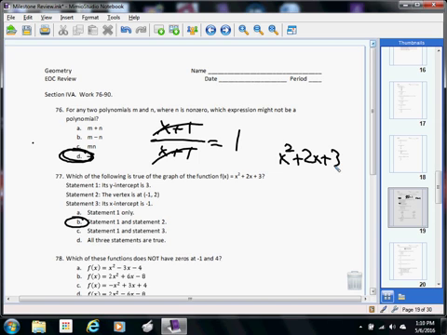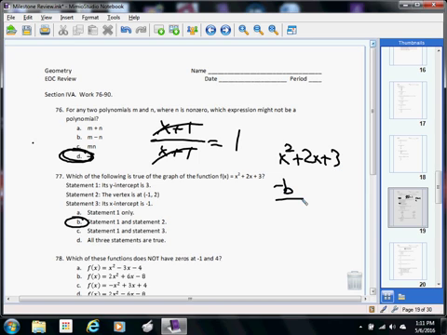It says the vertex is at negative 1, 2. Guys, for the vertex to be at negative 1, 2, again, this is one of those things I tried to tell you about your blue sheet. Look at your blue sheet. Find the quadratic formula. What's important about the quadratic formula is not that you memorize it, but you know the way to find the x value of the vertex is negative b over 2a.